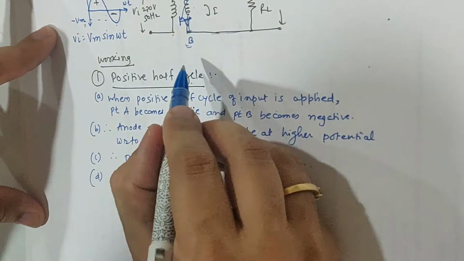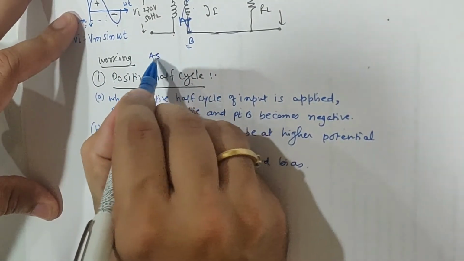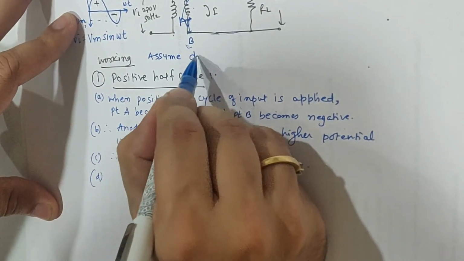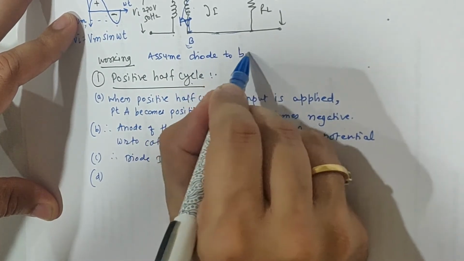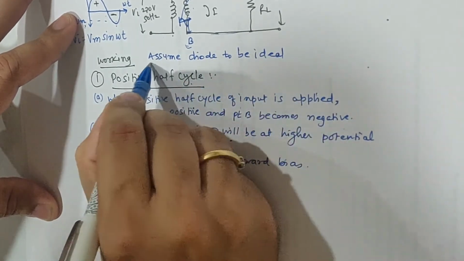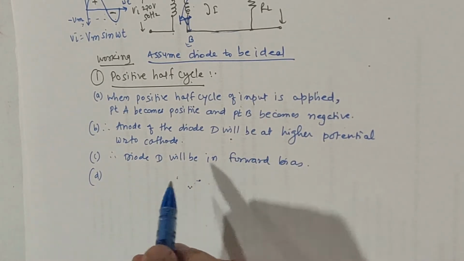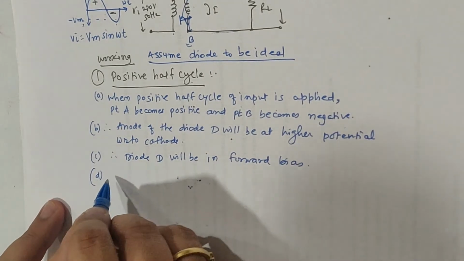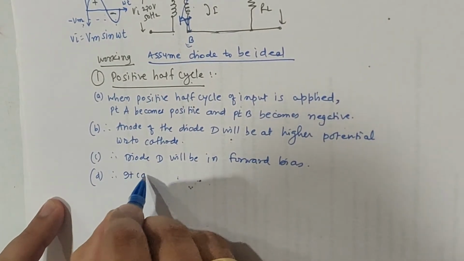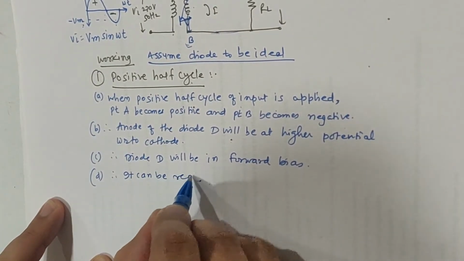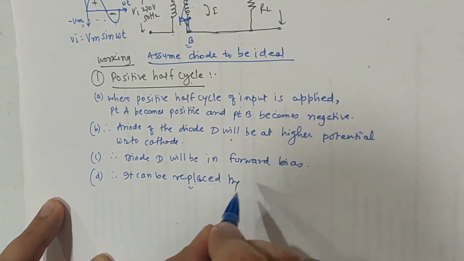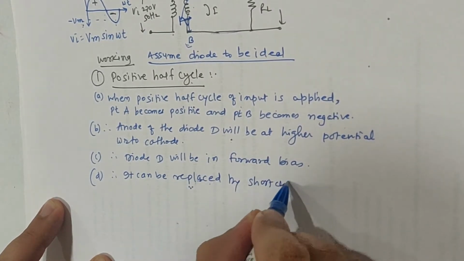Now before I start, I need to assume diode to be ideal, and that assumption will give me the freedom to assume the forward resistance of the diode to be 0 and reverse resistance of the diode to be infinity. So diode D will be in forward bias, therefore it can be replaced by short circuit.